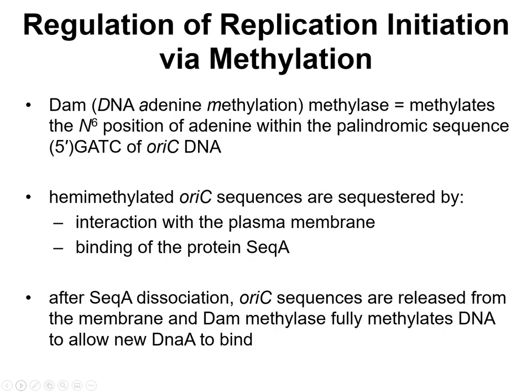There's also some regulation of replication initiation via methylation. So there's methylases that will methylate DNA, adding a CH3. And they usually recognize a particular sequence, and they'll methylate a specific nucleotide within that sequence.